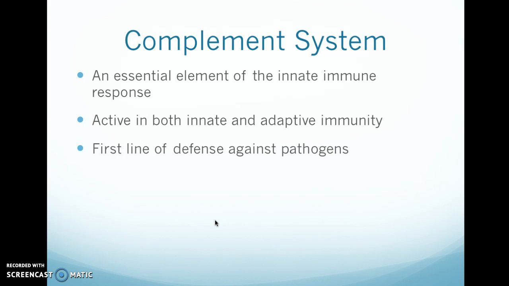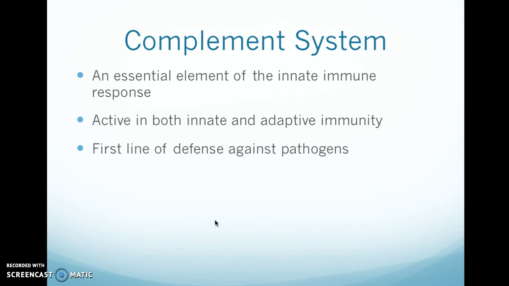So these are outside of the cell. It's active in both innate and adaptive immunity, but it really focuses on the innate immunity. Through these activities, complement functions in the first line of defense against pathogens, but also contributes significantly to the maintenance of homeostasis and prevention of autoimmunity.